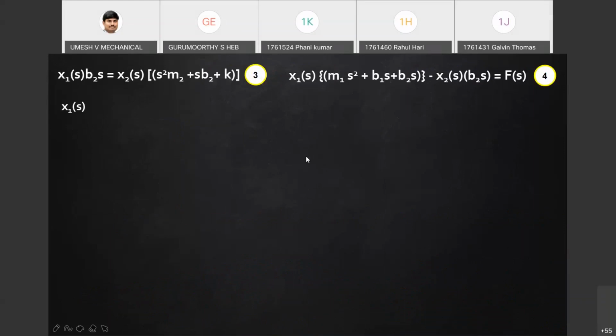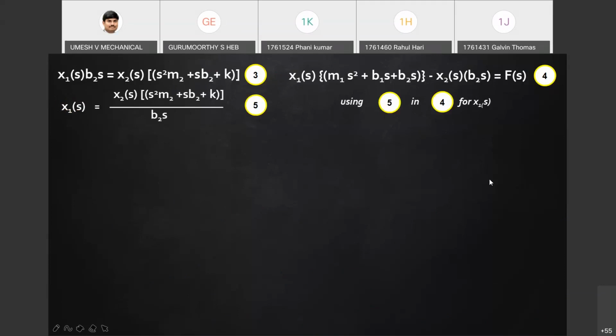I write whatever is there on the right-hand side, the entire thing divided by B2 of s. For our reference, call it phi. Now use this phi for x.